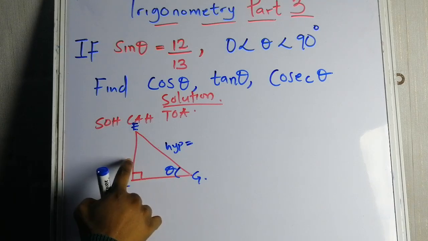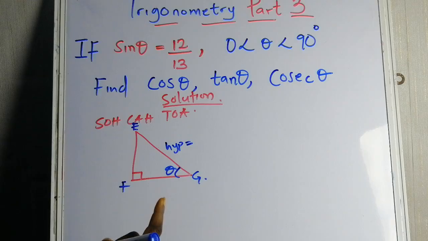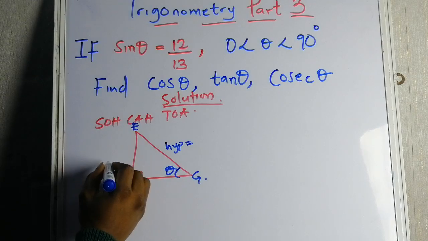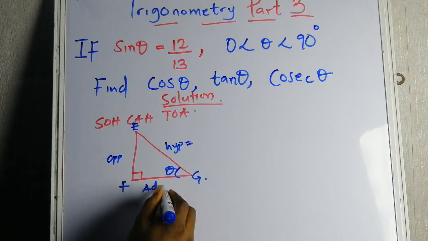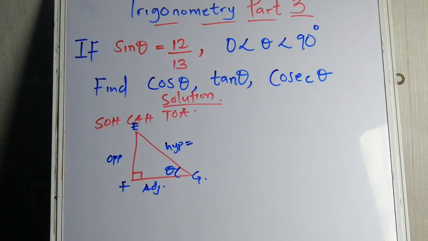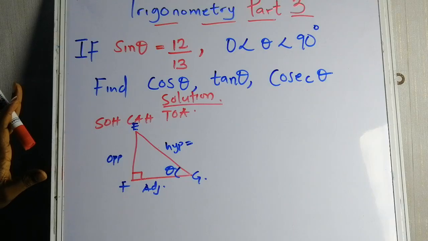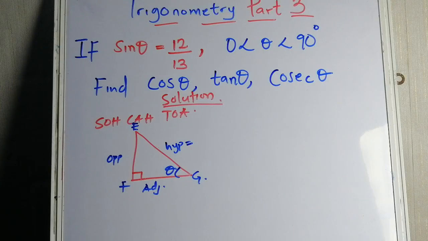Now, where the angle is facing, it can be here, it can be here, you can pick any one. Where this angle is facing is the opposite, while the last one will be the adjacent. Very important. If you can identify this in questions under trigonometry part 3, then you are good to go. And you know your Pythagoras theorem.